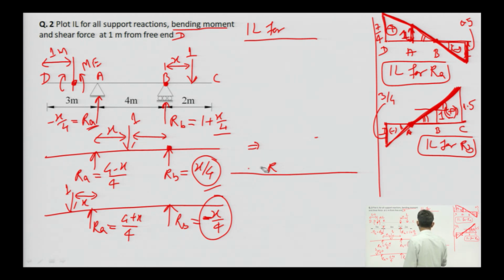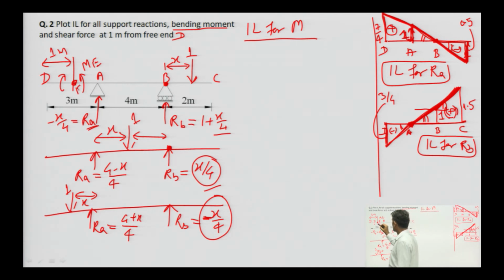Okay, for bending moment at point, this point is actually E, and this point is A. How can we make the equations for ME, for the BC segment?